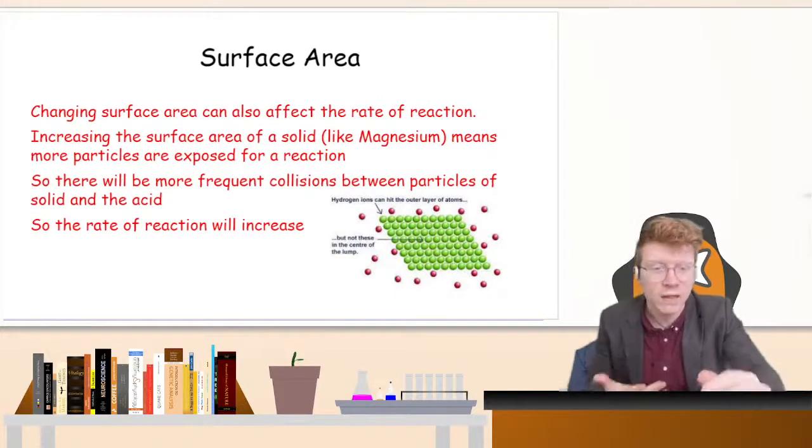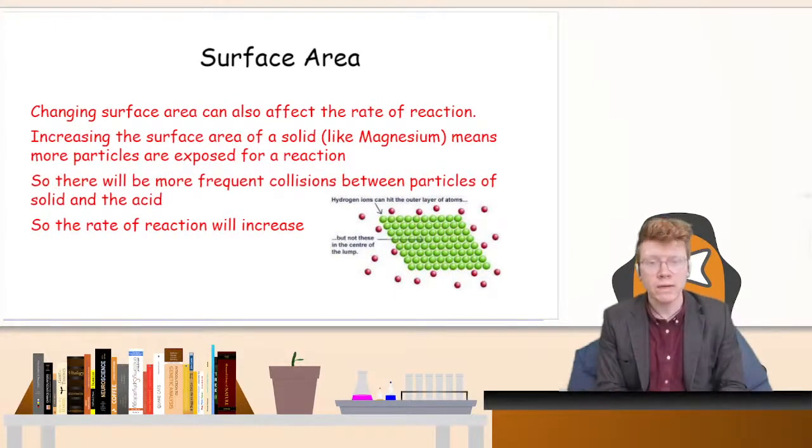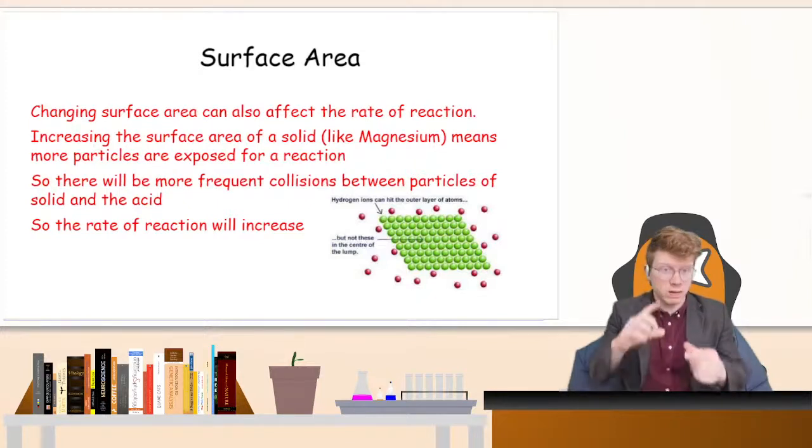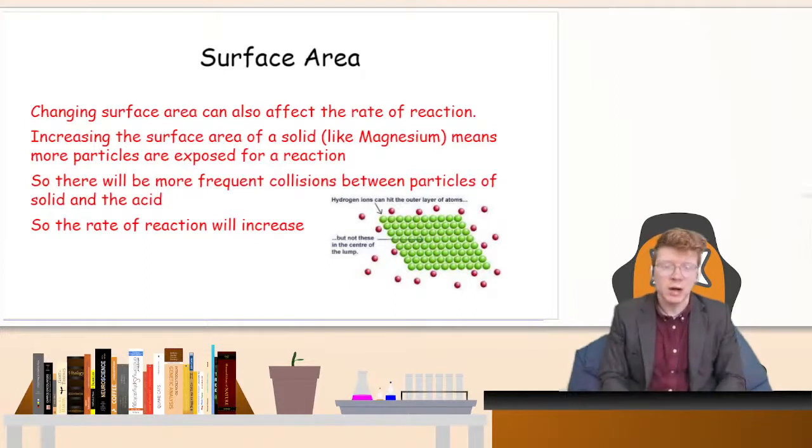So another thing relating to this is surface area. Now, most often for surface area, we're talking about solids. So a good example of this might be something like magnesium, or maybe sodium hydroxide. Any solid, right, when it's just a big block of that solid, all of the stuff on the inside is not going to be able to interact with the other parts of the solution.